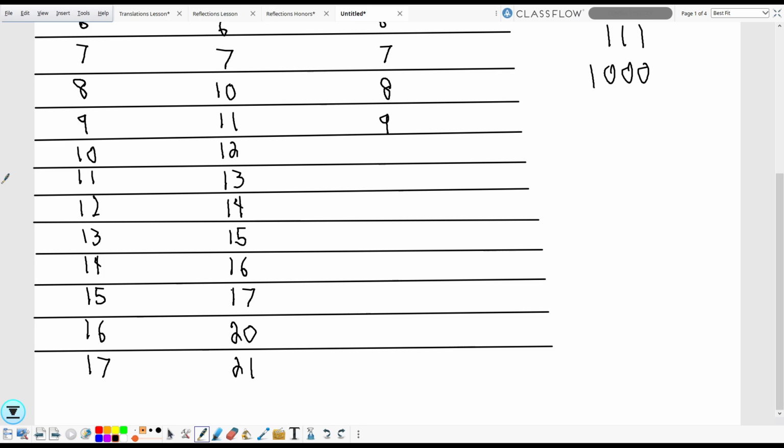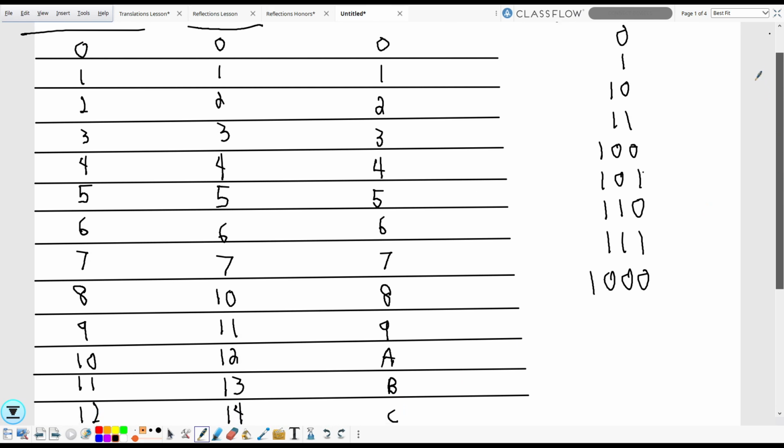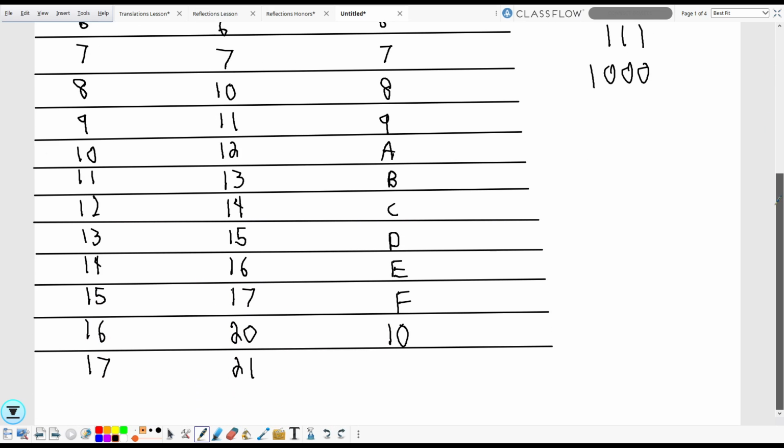Well, in hexadecimal, you put A, B, C, D, E, F, and then 10. So we ran out of the typical digits at 9, so we just use letters in the alphabet, A through F, to make up for the rest.